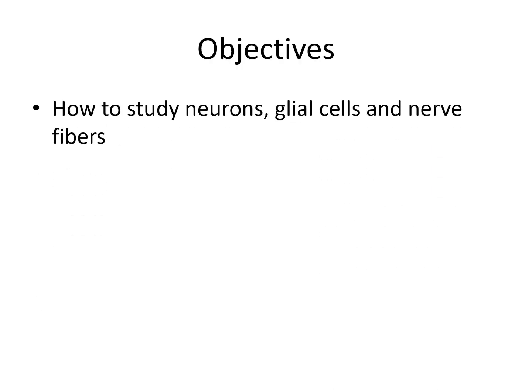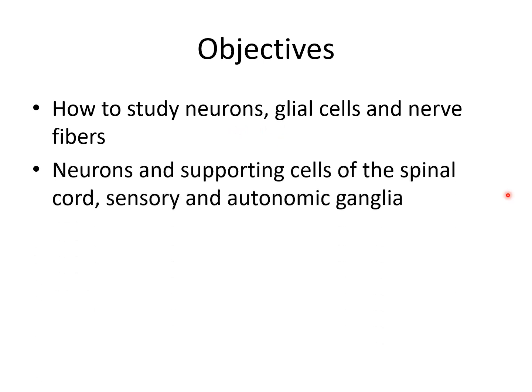The objectives of the class are that you should know how to study the neurons, glial cells and the nerve fibers. You should also know how to identify a neuron, the supporting cells of the spinal cord, sensory and the autonomic ganglia.